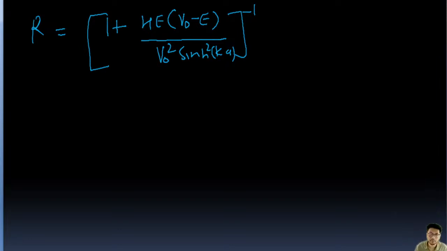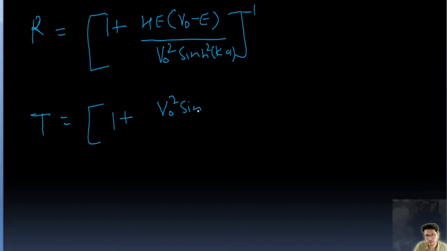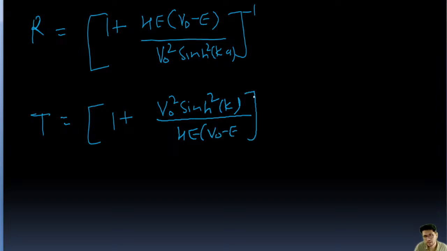And the transmission coefficient is going to be (1 plus V naught square sinh square ka upon 4E(V naught minus E)) whole to the inverse.